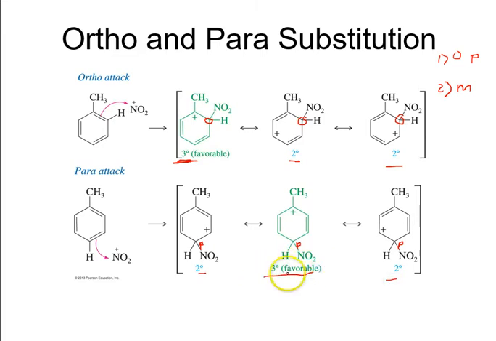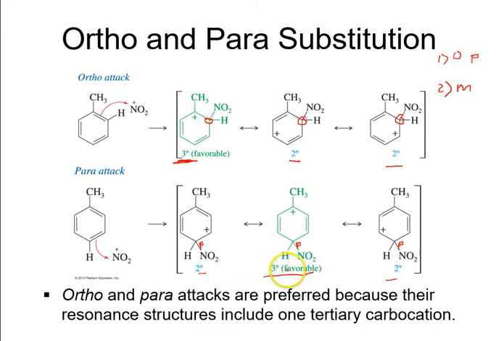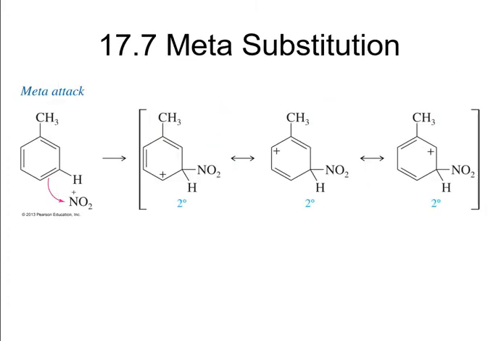Well, what happens if you go meta? Let's see what it says. Ortho and para attacks are preferred because their resonance structures include 1 tertiary carbocation. In the meta case, I'll come back to that slide. When the nitro attacks, so here's the meta, we'll put M's.